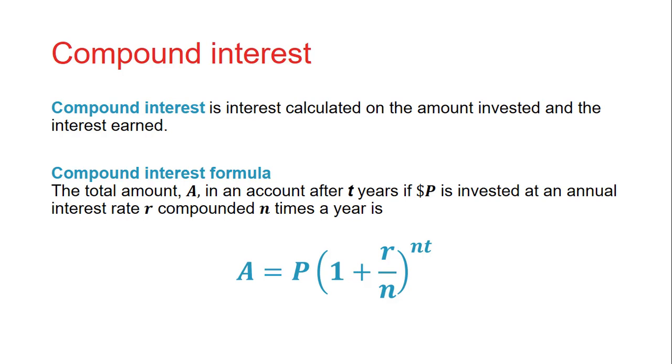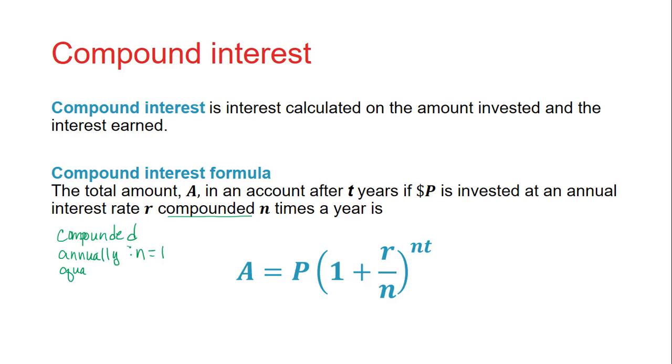Now, compounding is the number of times that the bank calculates interest on this account. So we can have compounded annually, that means that interest is calculated one time, so we would say N is equal to 1.